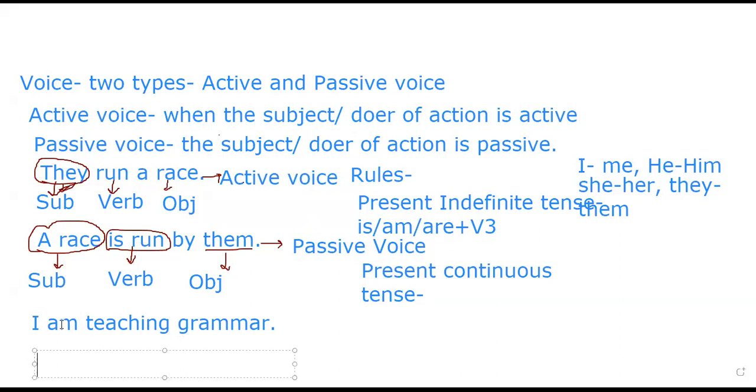Grammar is... I is subject. This is an example of active voice. Okay.